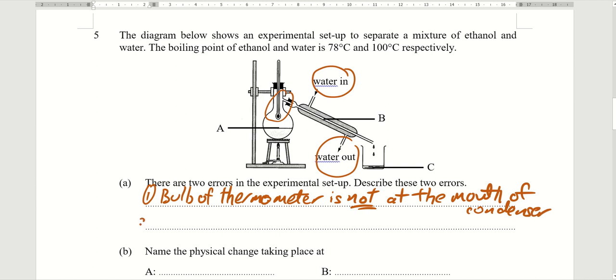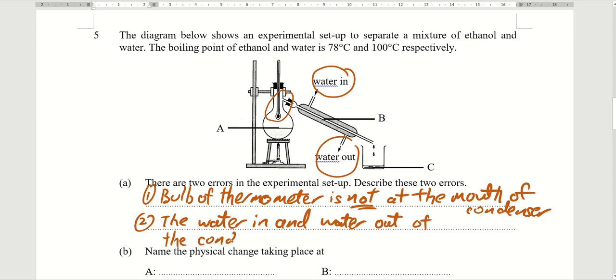The second problem would be that the water in and water out of the condenser is swapped, or switched. Let's use the word switched.